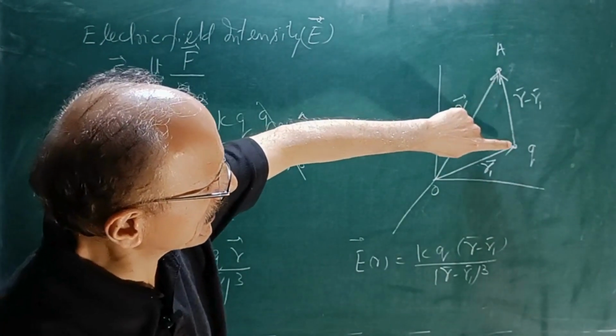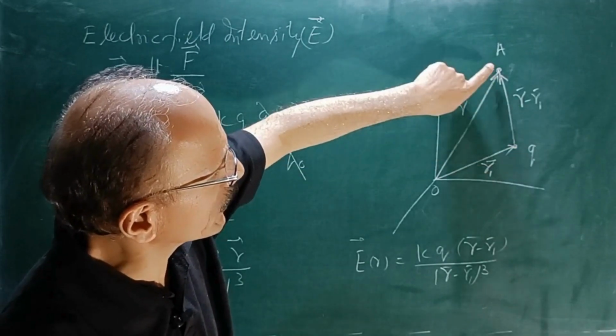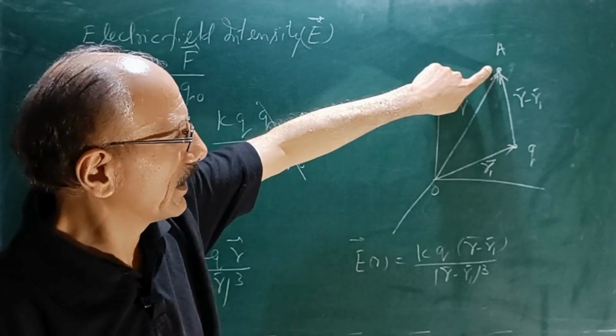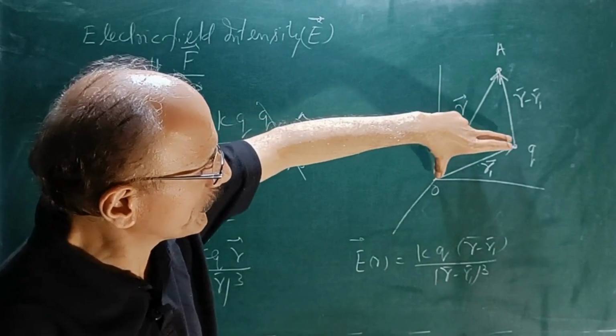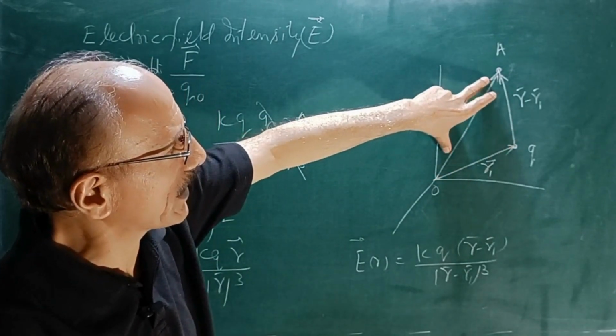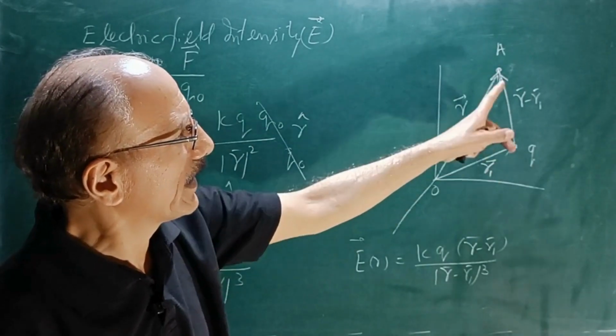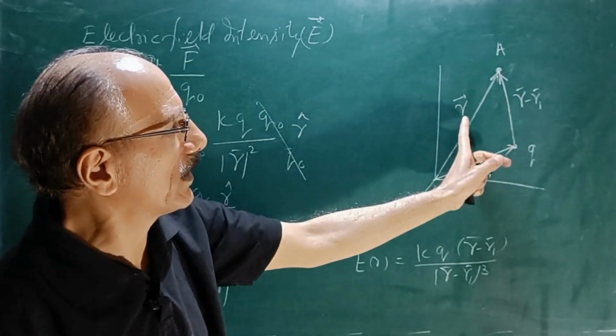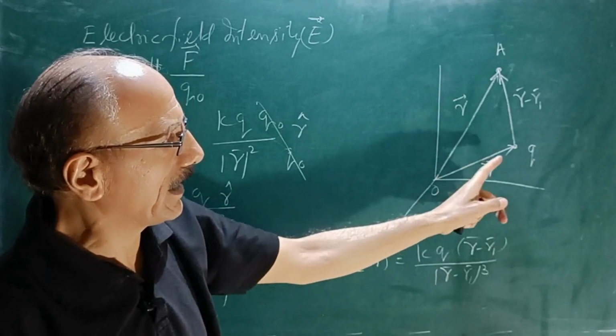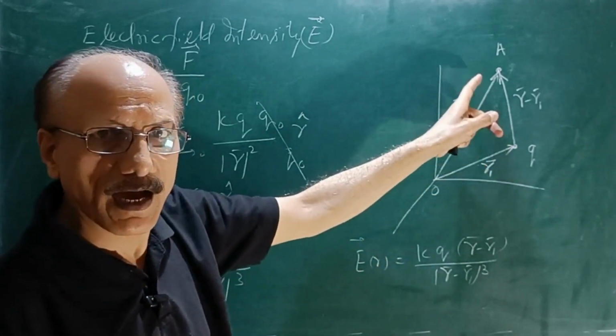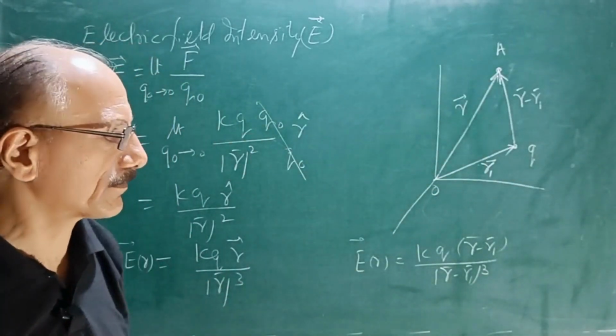Because the distance is to be taken from the charge to the point, and here its position is R1, its position is R, so this vector will be equal to this minus this, tip minus tail. Tip is R and tail is R1, so it will be R minus R1.